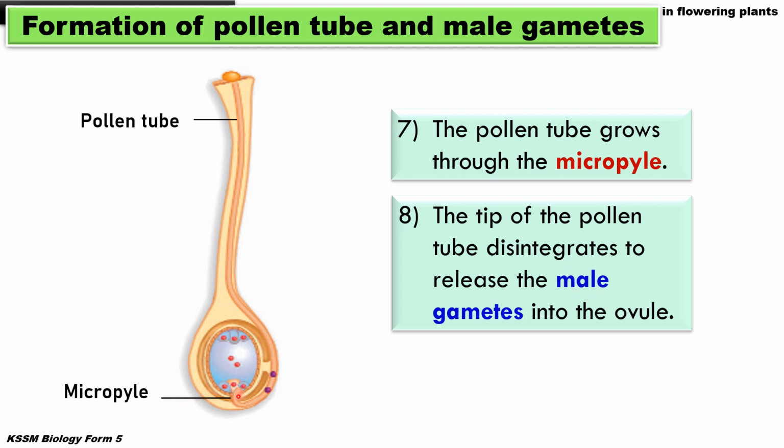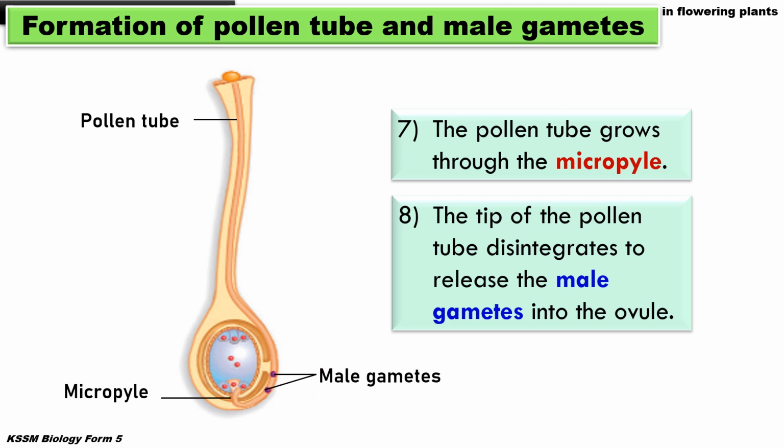So dia akan, okay, these 2 male gamete can now, okay, dia boleh masuk lah, into the ovule. Okay, boleh. So, habislah formation of pollen tube ni dengan male gamete. Boleh? Okay. Cerita dia sampai sini je ke?